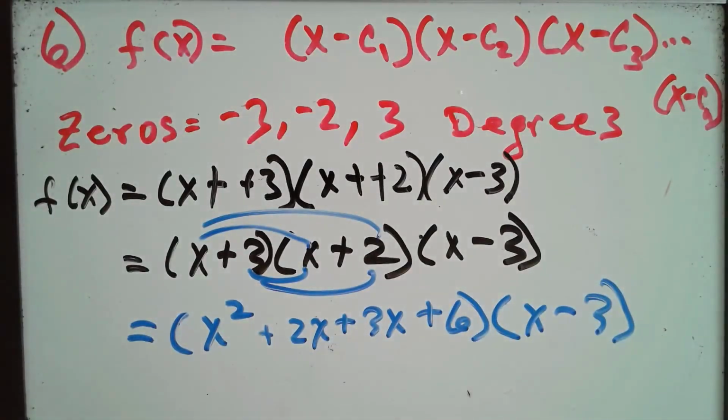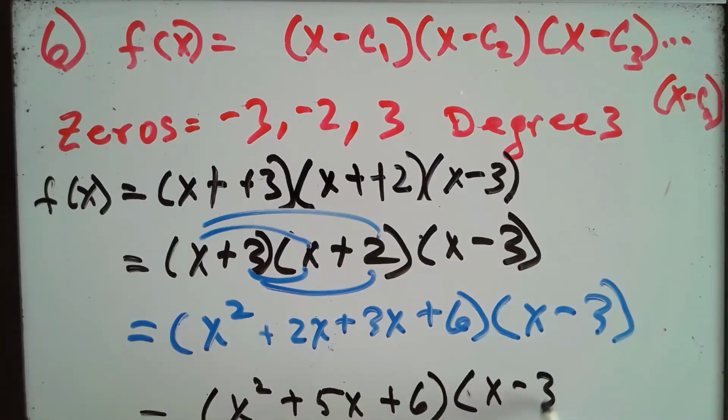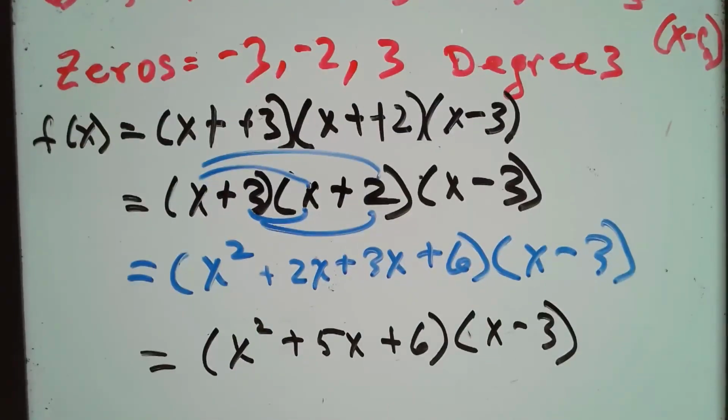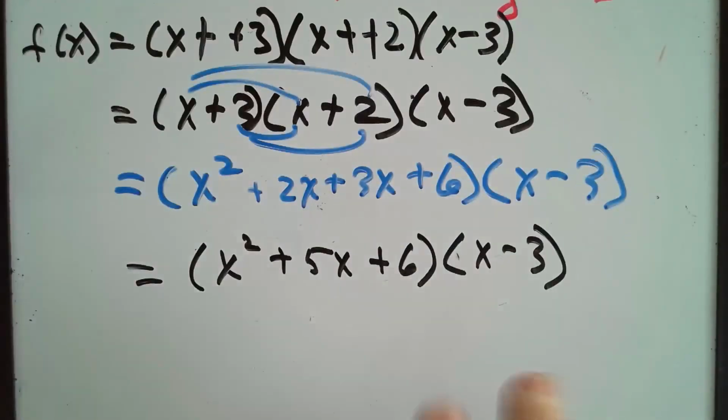Okay, well, we have to combine like terms. So 2x plus 3x is 5x. So that's x squared plus 5x plus 6 times x minus 3. Okay, questions? So now we take the binomial and we multiply it into the trinomial.